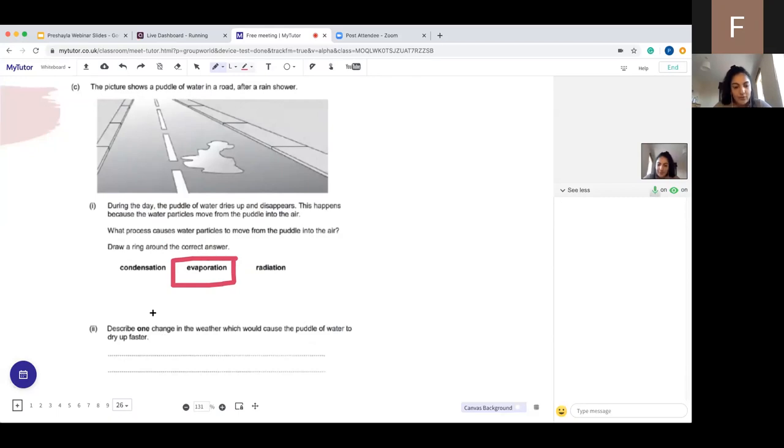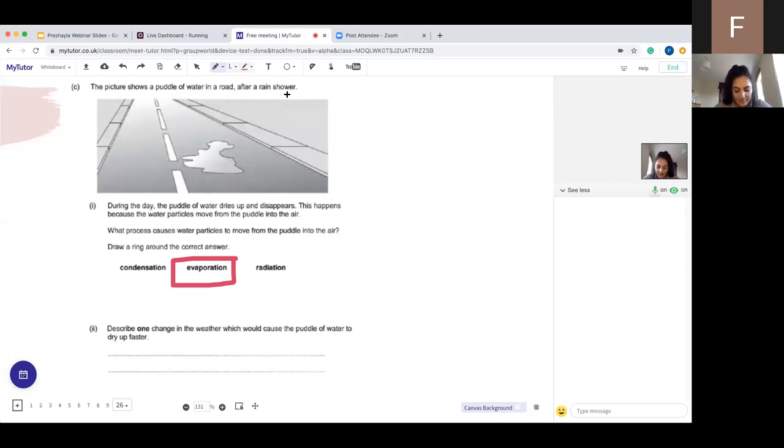Now, what is one change in weather that might cause the puddle to dry up faster? Would it be snow, windy, foggy, rainy, hotter, sunnier?